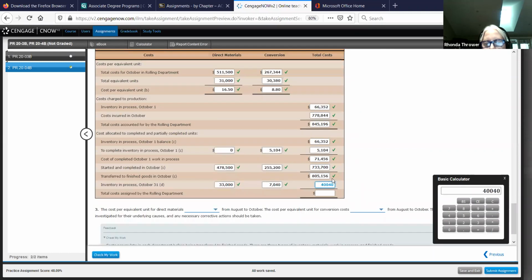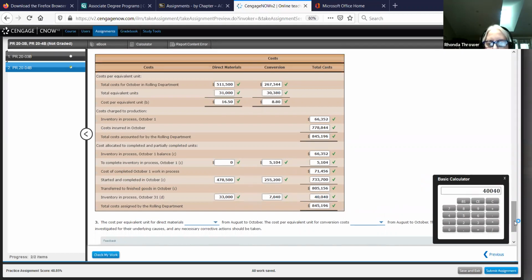And then when you combine both of these together, it should give you 845,196. And you're through with your second cost of production report.